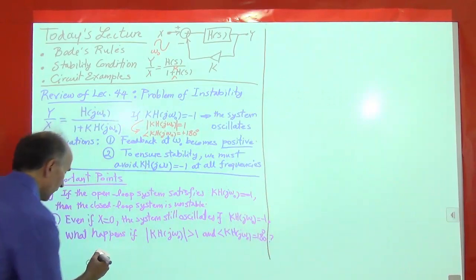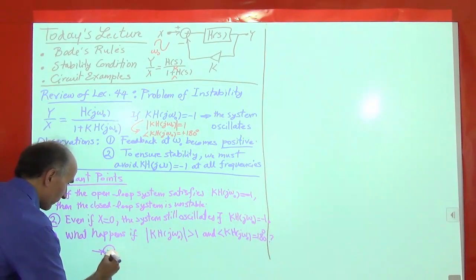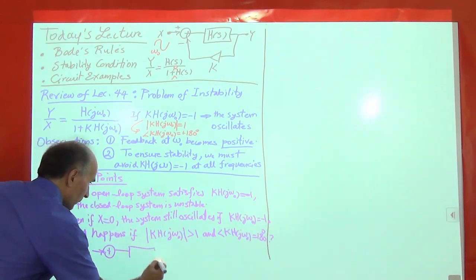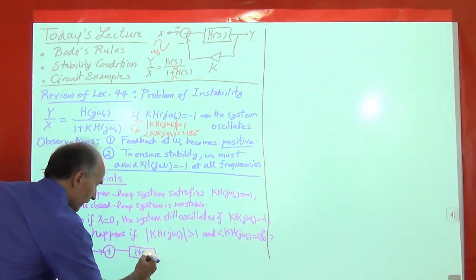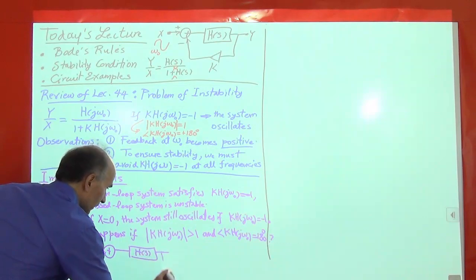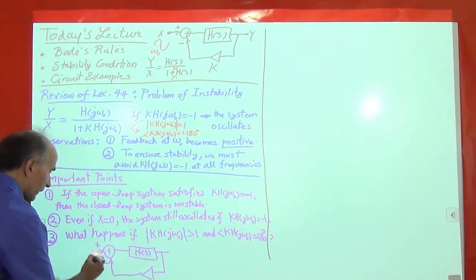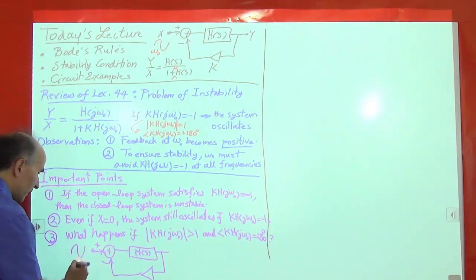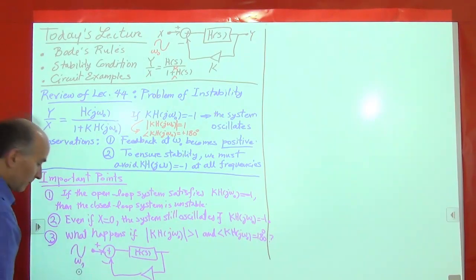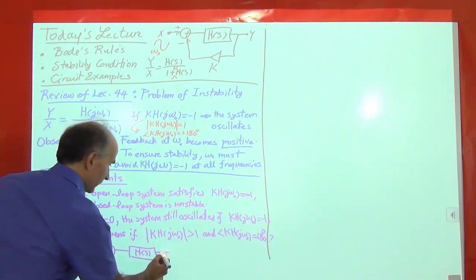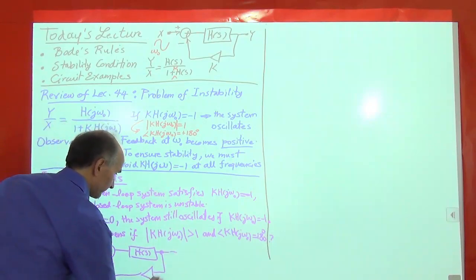All right, so here's the picture that we drew last time. In fact, when we were studying the stability in the time domain, right? So we said that, okay, I will apply a sinusoid here at frequency omega 0, and I would like to see what happens.